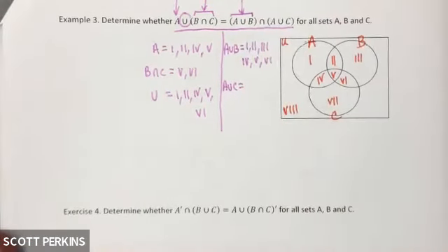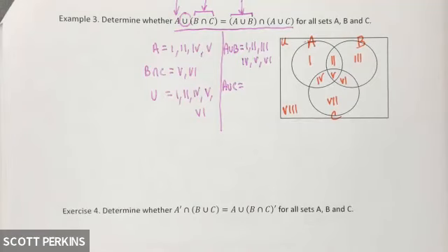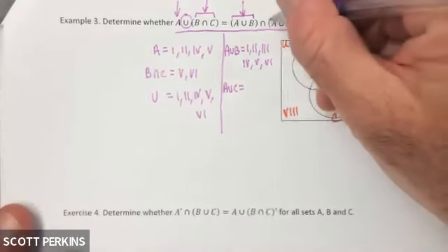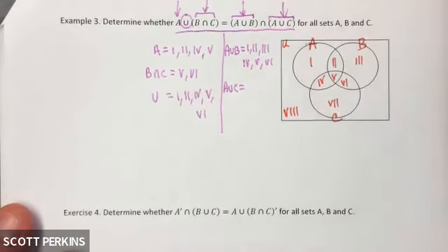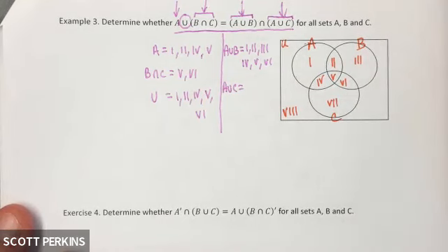Maybe you already did it, but I'll give you another 30 seconds or so to write down the regions for A union C. And so what regions are A union C?